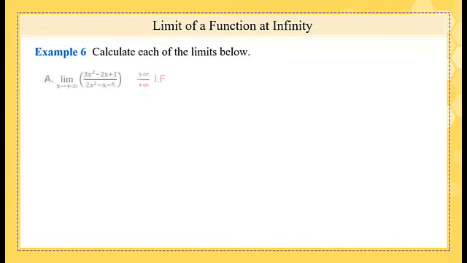Here is our example. Calculate each of the following limits. The limit as x tends to plus infinity of this rational function, 3x squared minus 2x plus 1 over 2x squared minus x minus 5, is plus infinity over plus infinity, which is an indeterminate form.